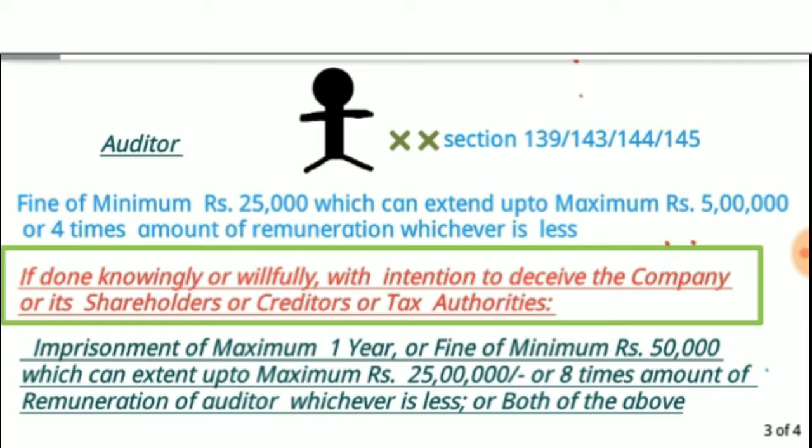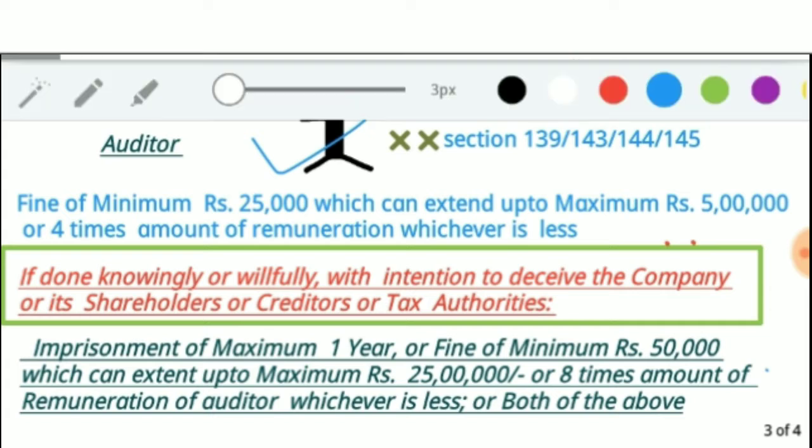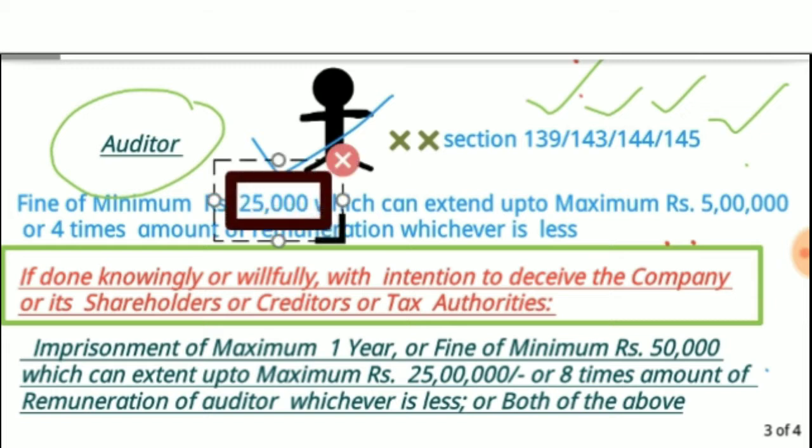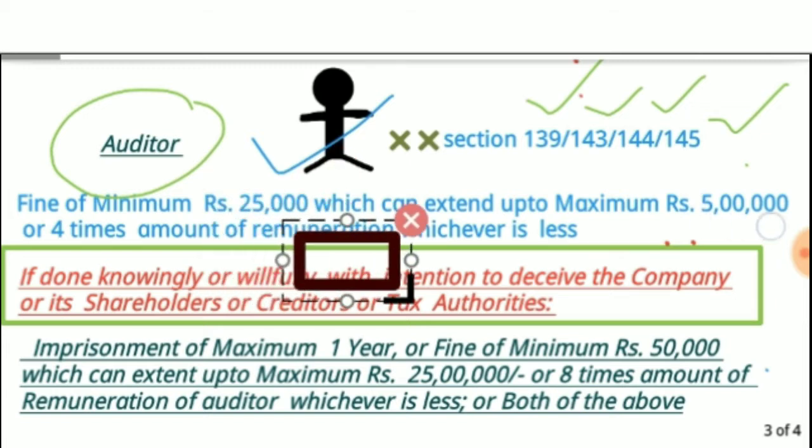If the auditor has made any default in complying with the provisions of the Companies Act 2013, that is, a contravention of the provisions of section 139 or 143 or 144 or 145, then such auditor shall be punishable with a fine of minimum 25,000, which can extend up to a maximum of 5 lakh.